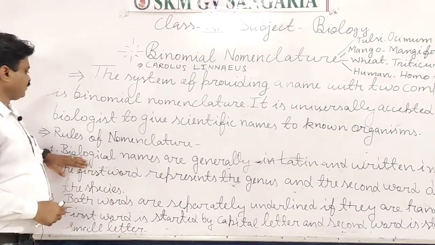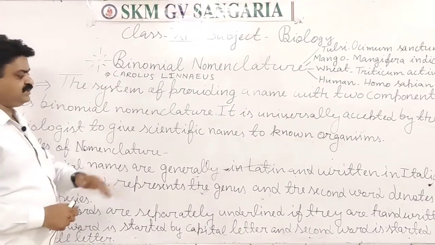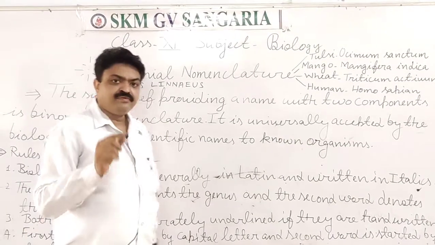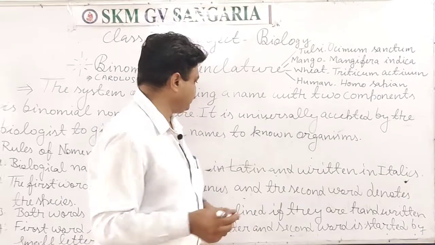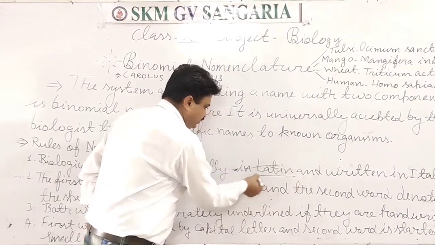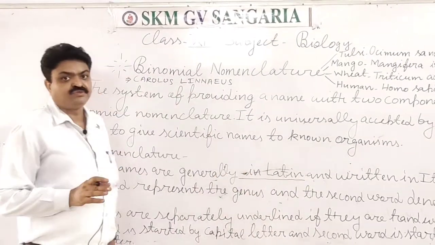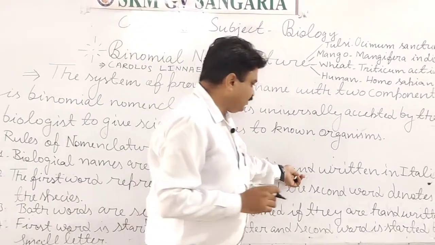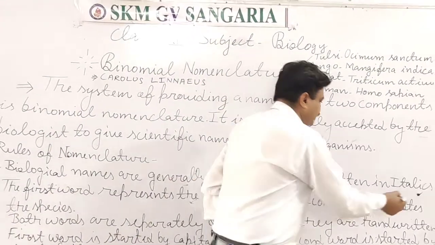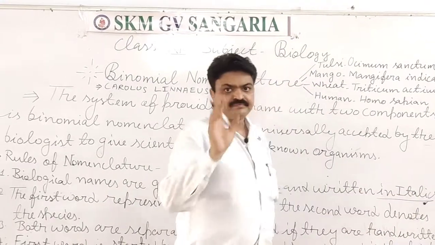First, biological names are generally written in the Latin language, and they are written in italics.